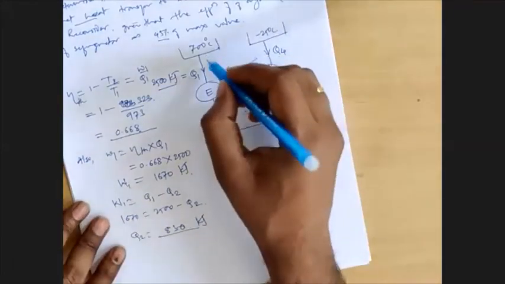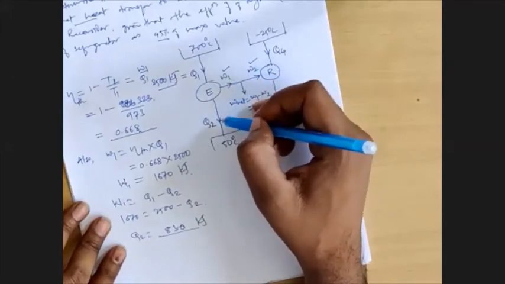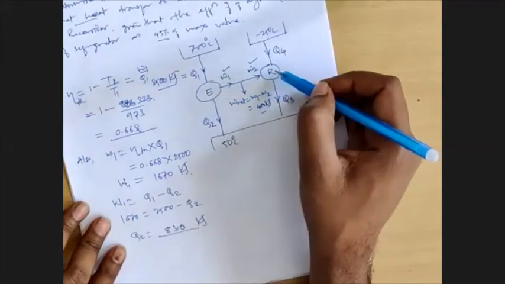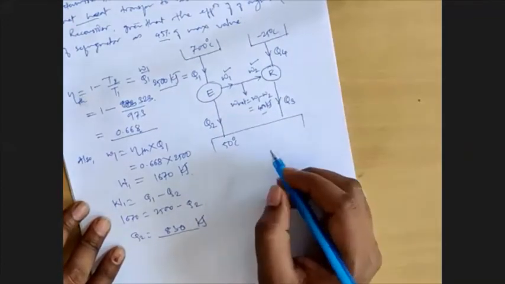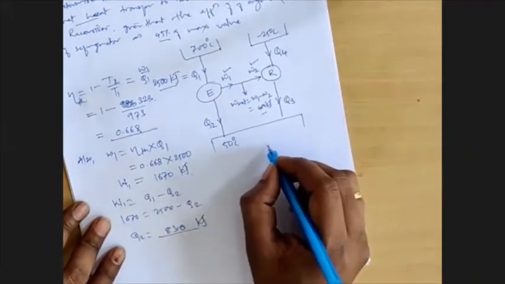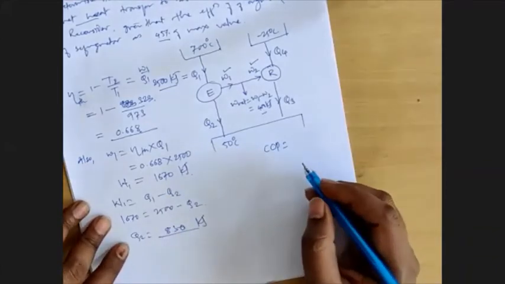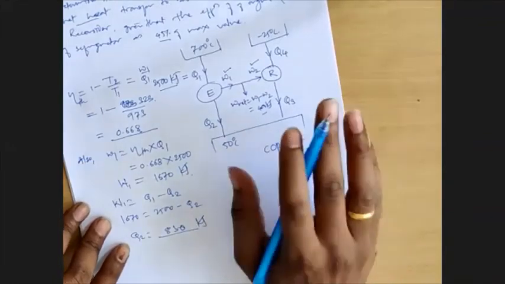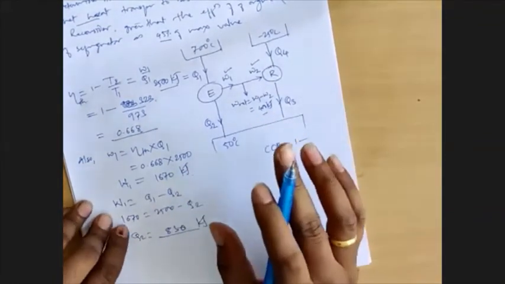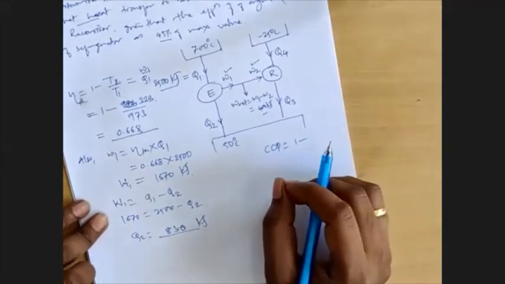So we are done with the engine because W1 is known, and Q2 is also calculated. Now let's shift to the refrigerator. For the refrigerator, efficiency will not be there. There will be an alternative term, COP. Now notations are going to be a little bit confusing, right?